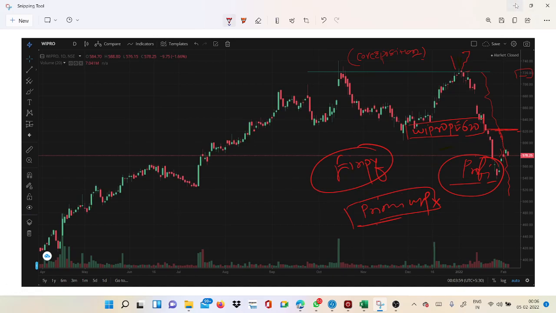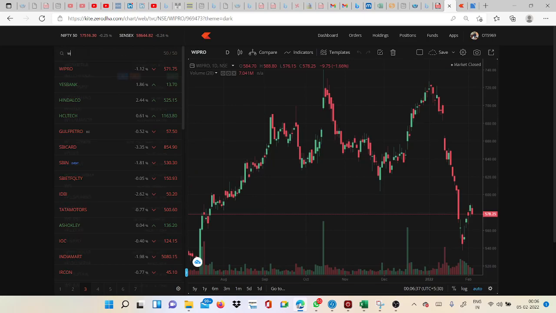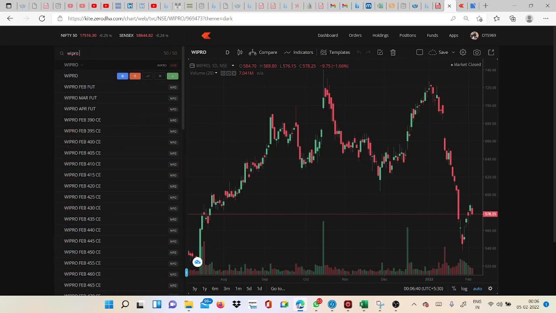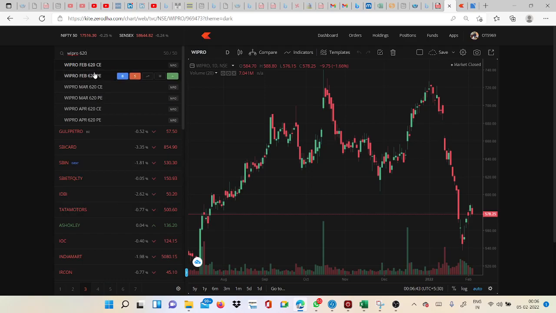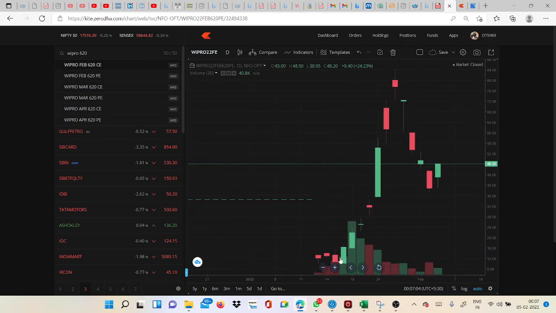If you see the Wipro 620 option, see this, it was 10 rupees price for this particular option in the month of Jan, and now if you see the Feb month option, the price went high, around 80 rupees or something, 84, and now again it has come down.